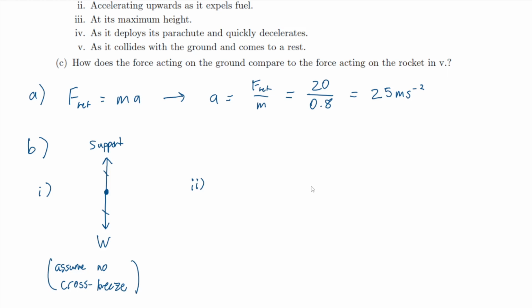Part 2. Now it's accelerating upwards as it expels fuel. Right, so it's burning off its fuel, it's accelerating up. If it's accelerating, we know that the forces are not balanced, and in fact the net force will be upwards. So our upwards arrow must be greater than our downwards weight.